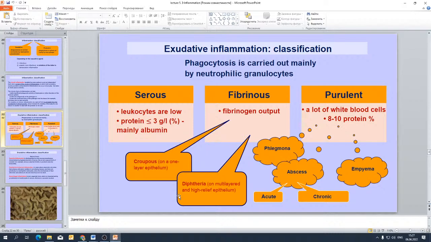Where is the localization of inflammation? Next question. I'm writing in WhatsApp. Next question. Okay, thank you. Next question.